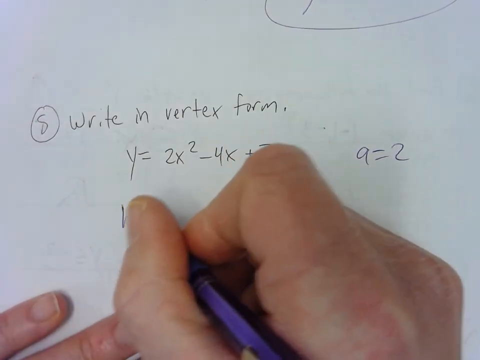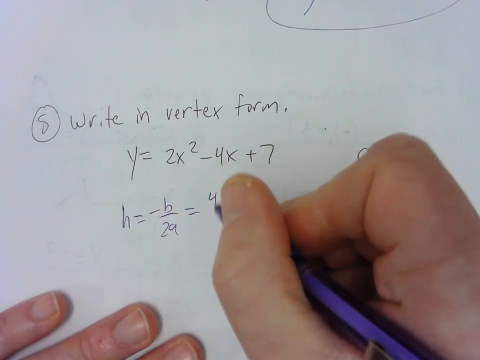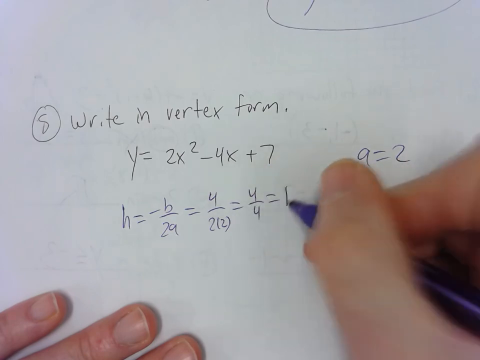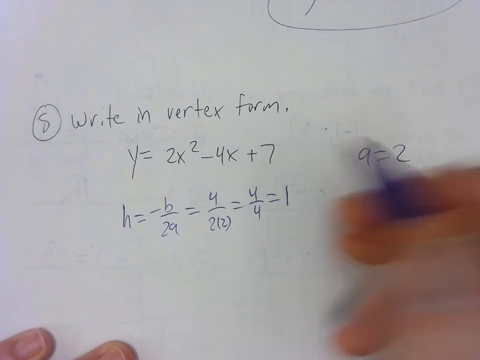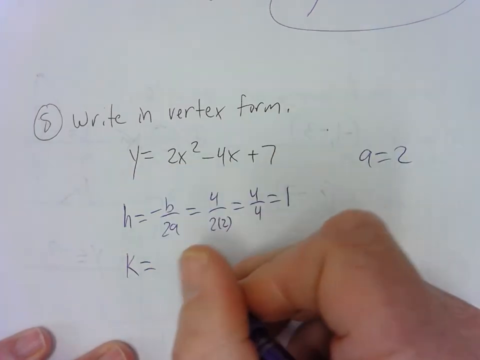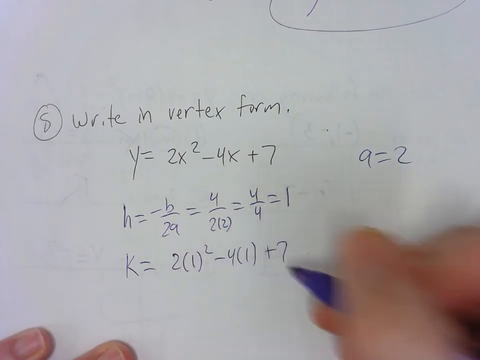So we get h is negative b over 2a. So it's 4 over 2 times 2, which is 4 over 4, which is 1. 1 goes back in. So that's how you find your k. Put the 1 back in, so it's 2 times 1 squared minus 4 times 1 plus 7.